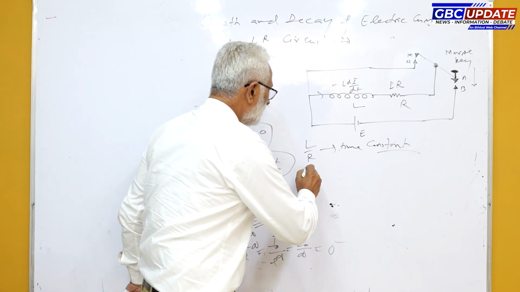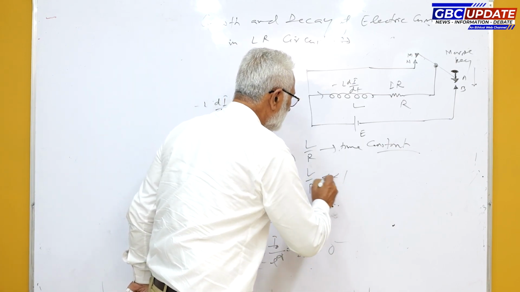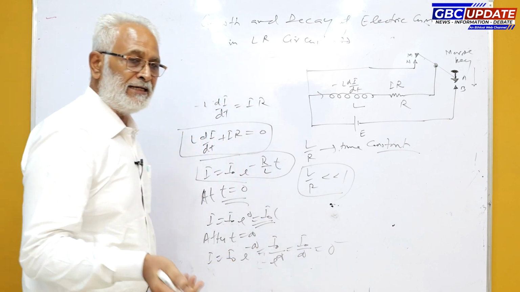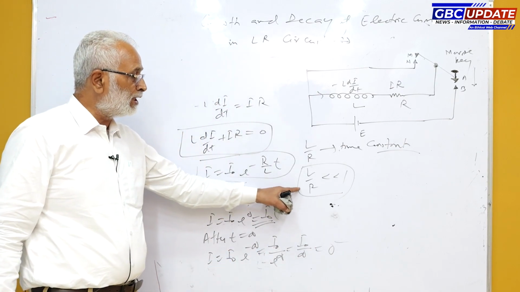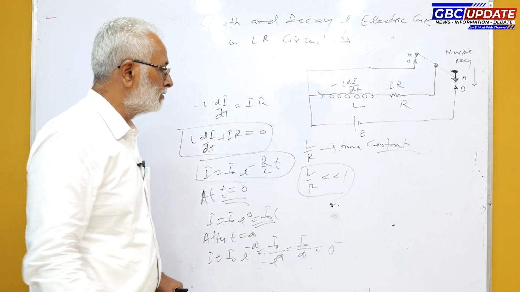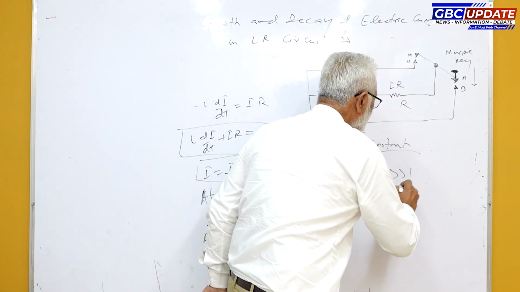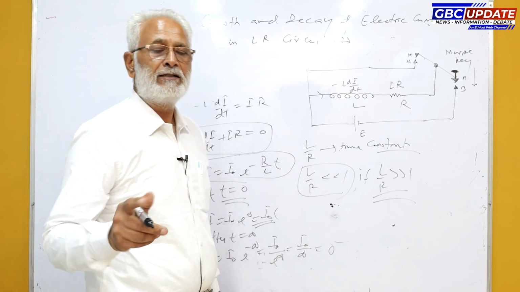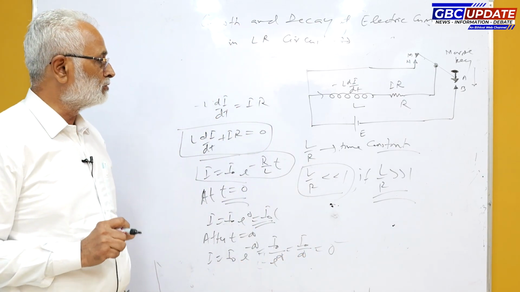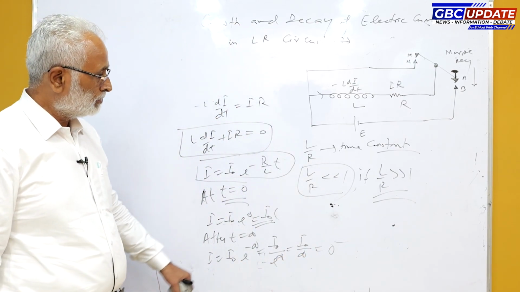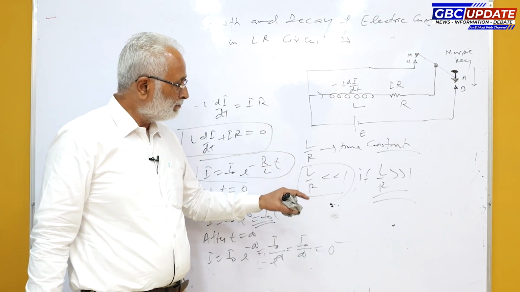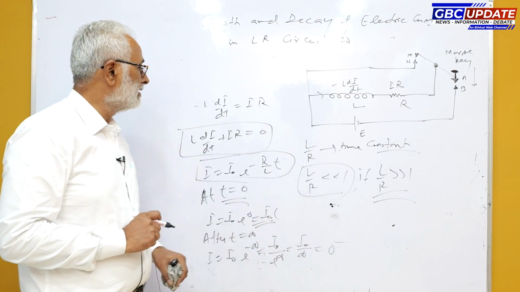So if the L over R ratio is small as compared to 1, then current will instantly fall to 0. It will take a small time to become equal to 0. And if the L over R ratio is large as compared to 1, then again current will take a large time to become equal to 0. So the L over R ratio determines the rate of decay of electric current.